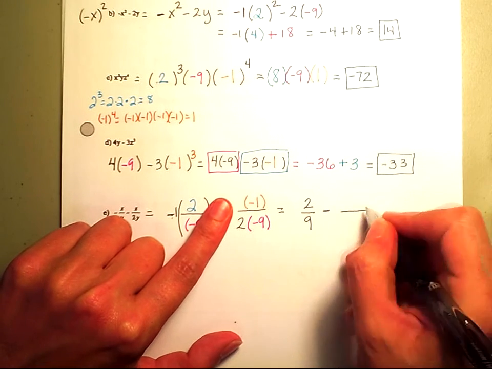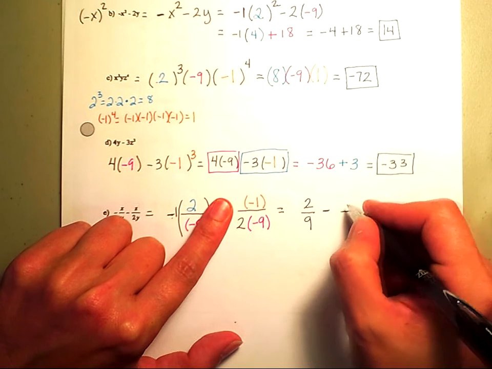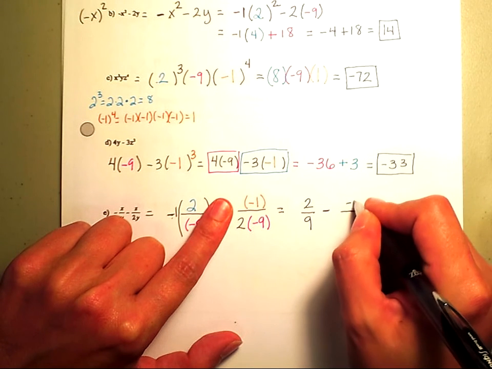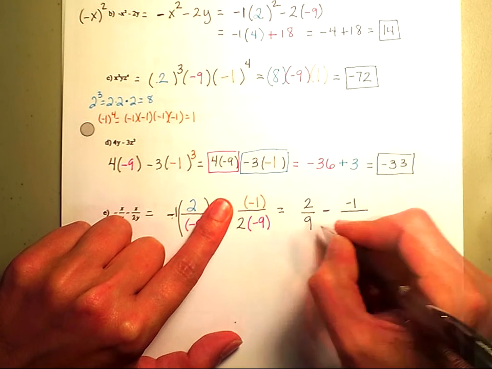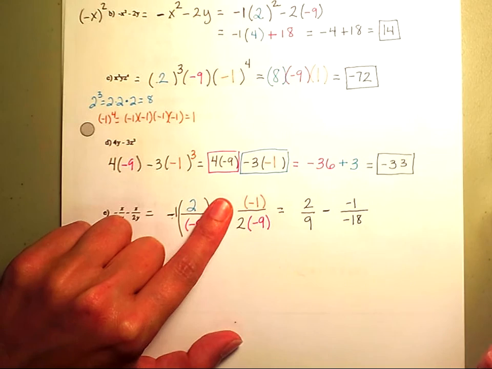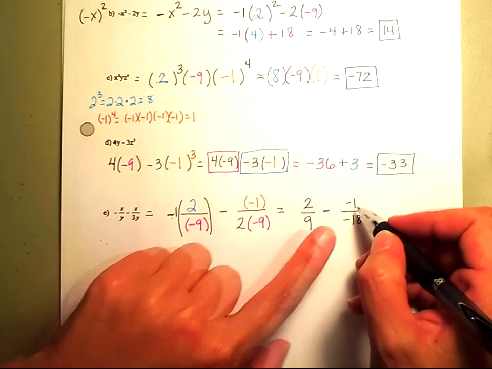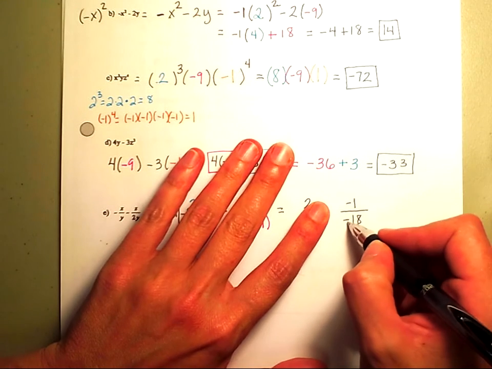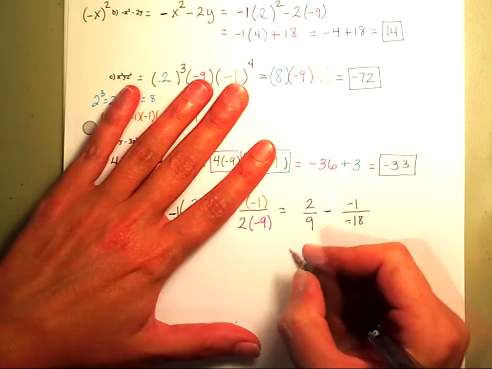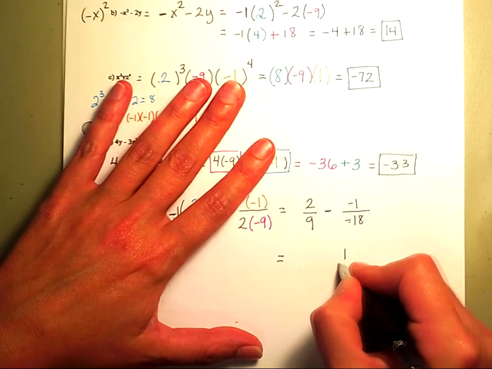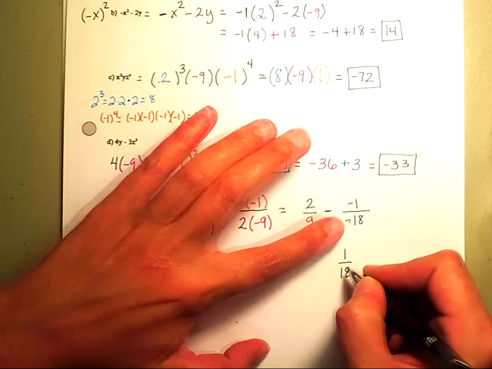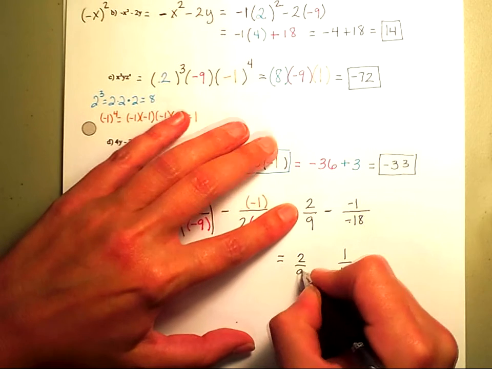And let's think about the denominator. The numerator is negative 1. Then the denominator is negative 18. In this case, we have a negative divided by a negative, so it becomes positive, 1 over 18. And then we can copy the rest, 2 over 9 minus that.